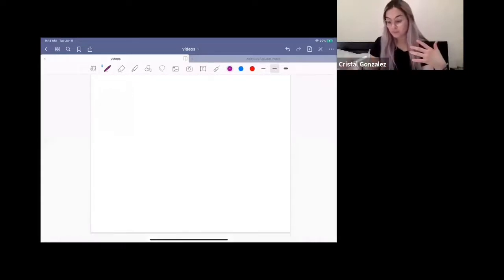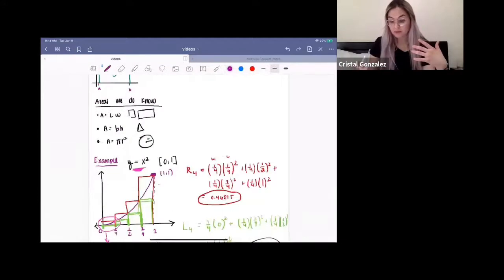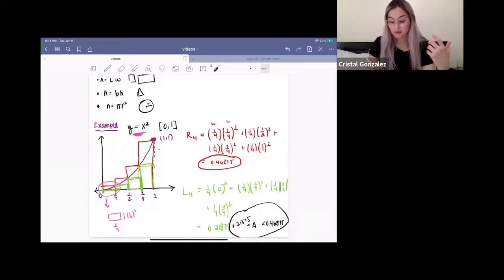So we can start at x equals 0, or we can start at x equals 1/4, which we're going to call the 0th position and the 1st position.